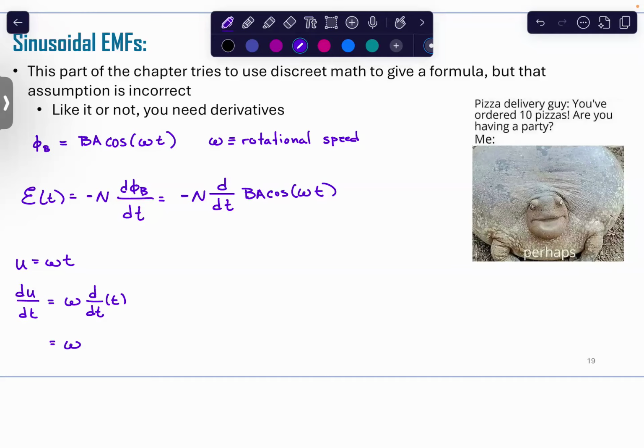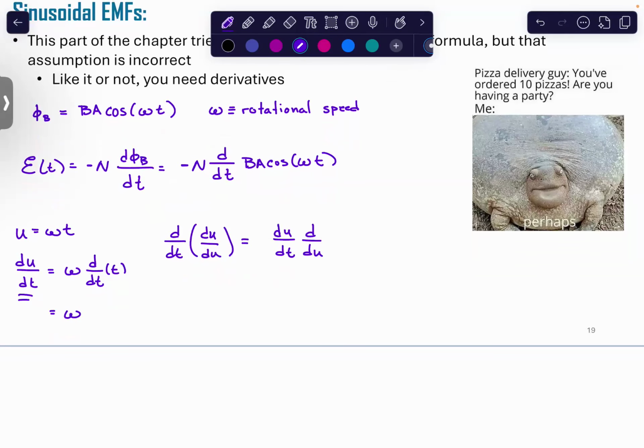Okay, so then we have kind of a little chain rule, where we're taking our d dt, putting du, so we just end up with those two derivatives multiplied by each other, and we already have du dt.